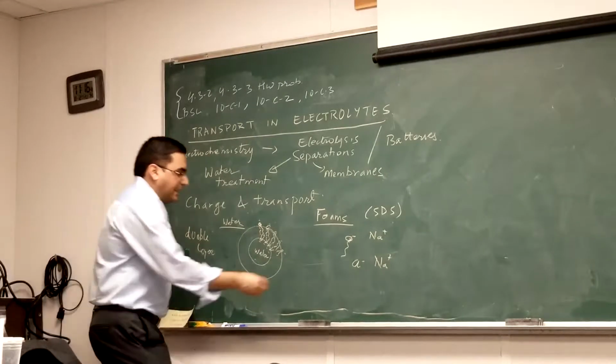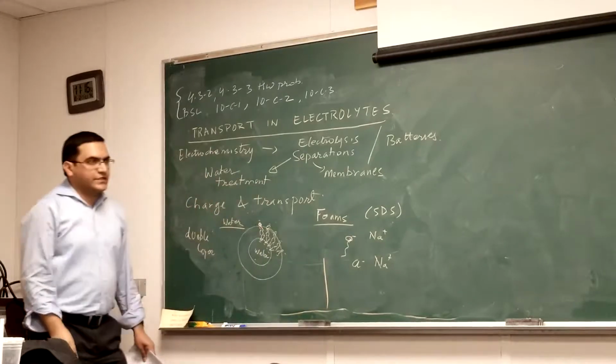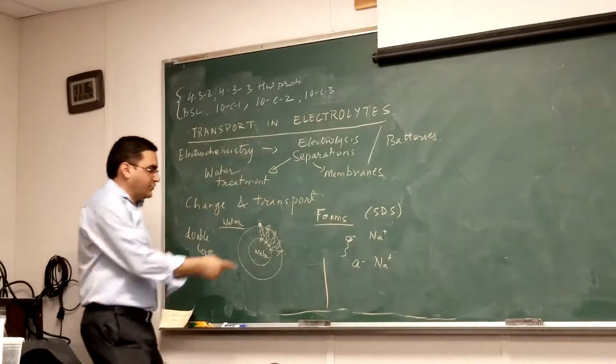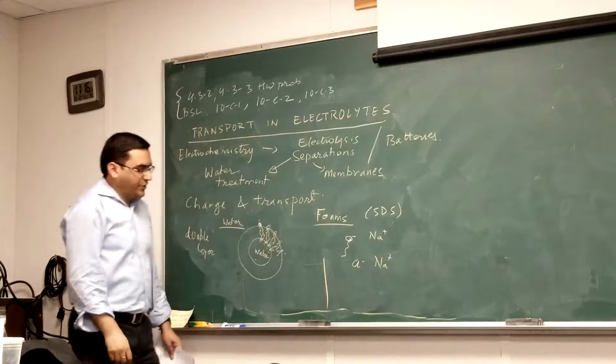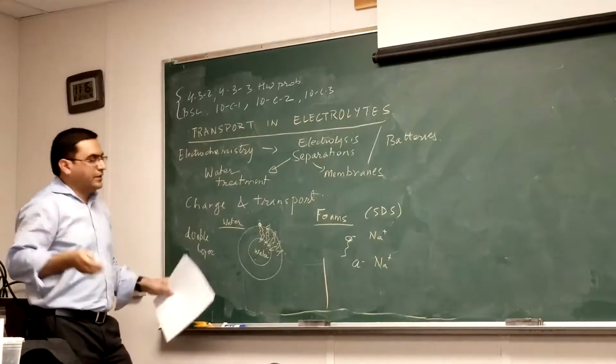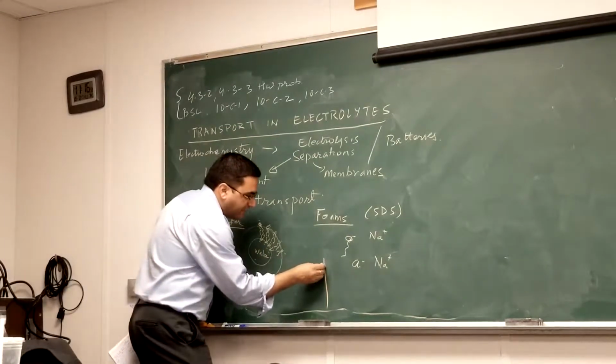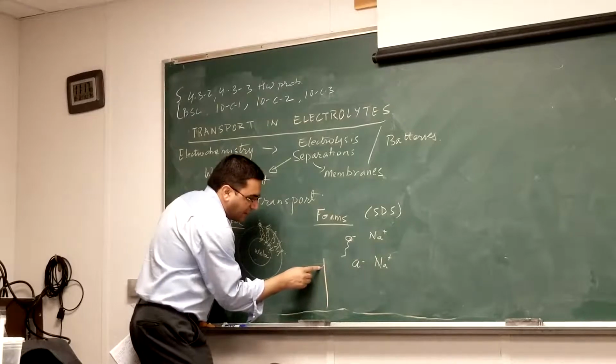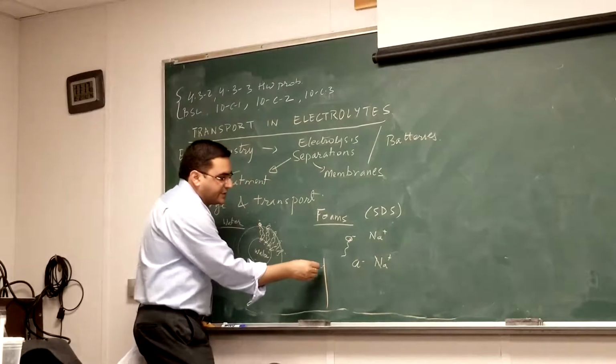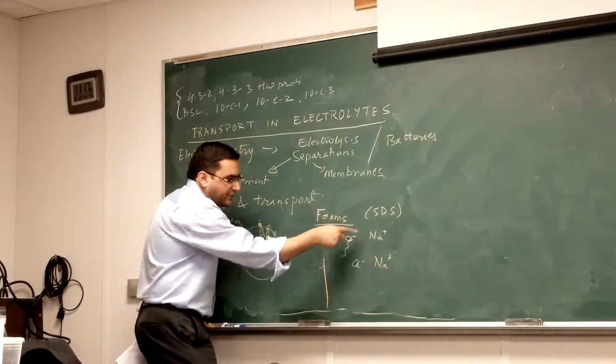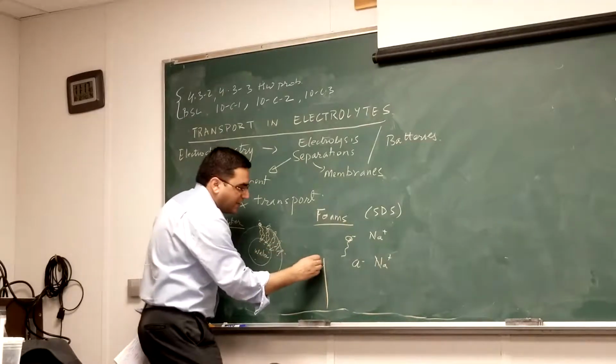And yet, if I have a surface, any kind of surface, it could be this surface, or it could be the container, on the container you can have charges for various reasons. You might have similar kinds of functional groups that cause it to be charged.